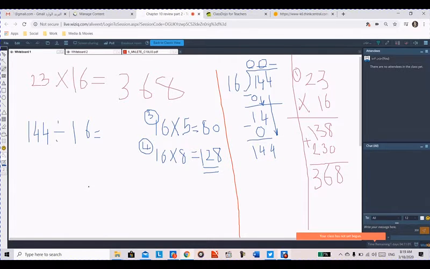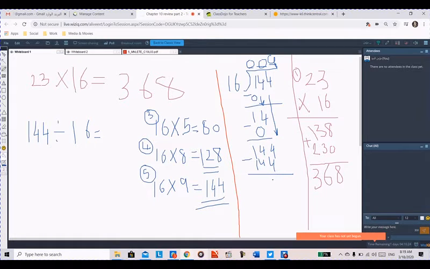Okay, so multiply by 9. 6 multiplied by 9 equals 54, 4 and carry 5. 1 multiplied by 9 equals 9 and 5 equals 14. So we reached it here, so you have to put up 9 and down 144.